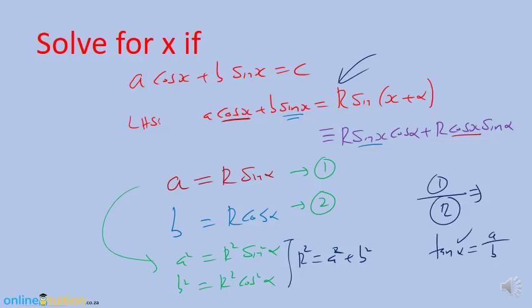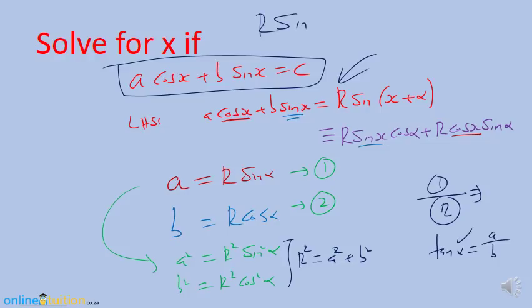I've taken this very complicated equation, a cos x plus b sine x equals c, and transformed it. What I'm really solving now is r sine of x plus alpha equals c, which is a much simpler equation to solve. That's basically what we've been doing in the early slides, say slides 1 to 5 of this lesson.